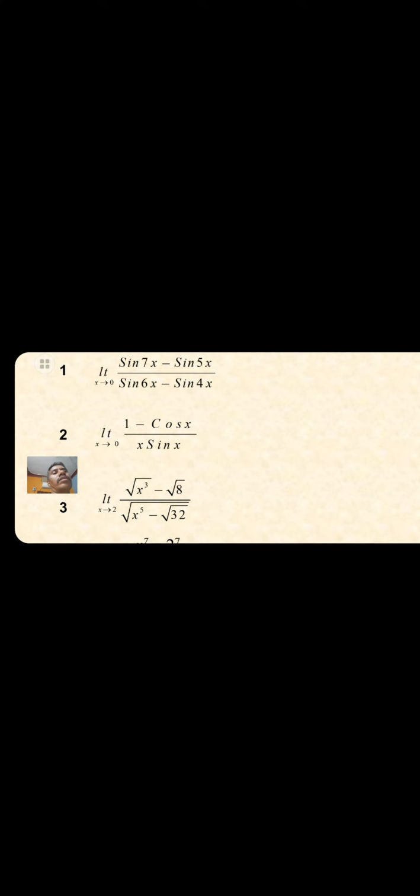Here you can use the trigonometric formula, the same way. 1 minus cos x you can represent as 2 sin square x by 2, and sin x you can represent as 2 sin x by 2 into cos x by 2. Like that you can substitute and simplify and then bring it into the standard form, then use the formula, then we will get the value.